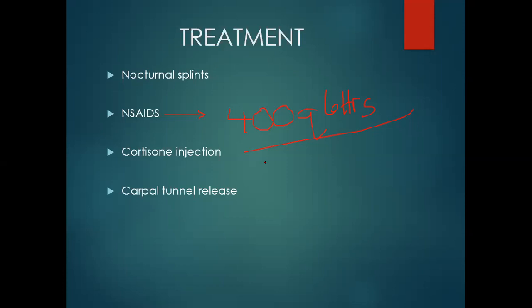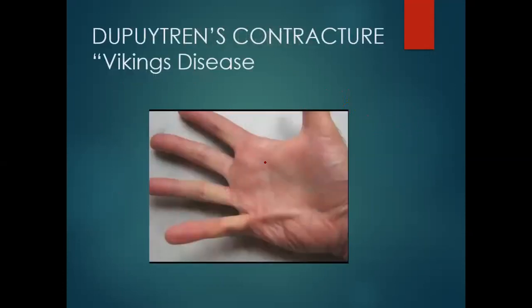When you get higher than 400 milligrams every 6 hours, you get a lot more side effects without a lot more benefit. Whereas if you treat with 400 milligrams every 6 hours, you get more benefit with less side effects. Also, corticosteroid injection or, finally, a carpal tunnel release if that's not effective.